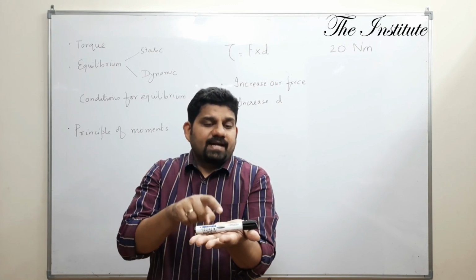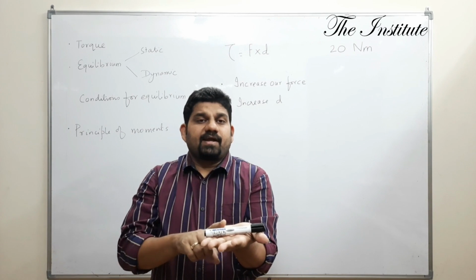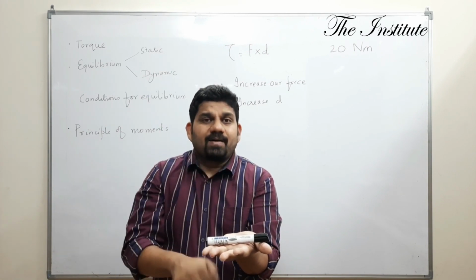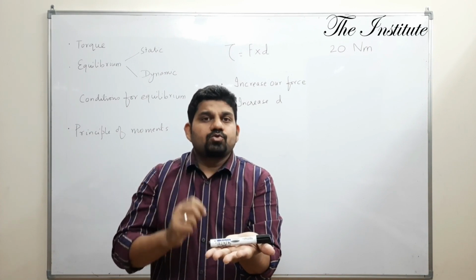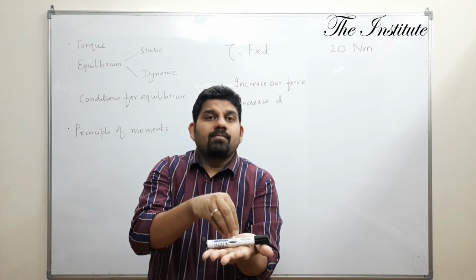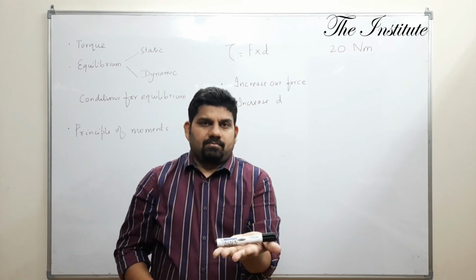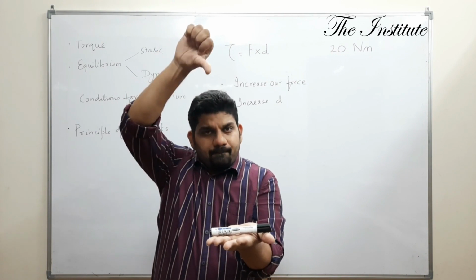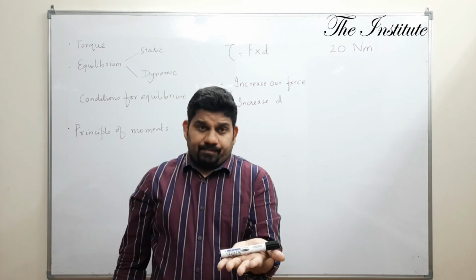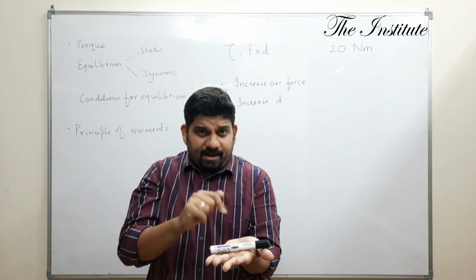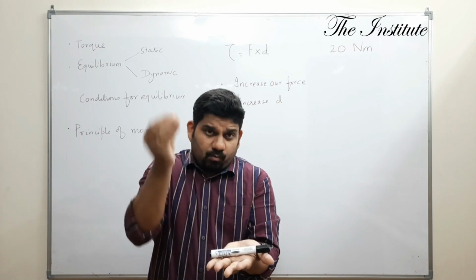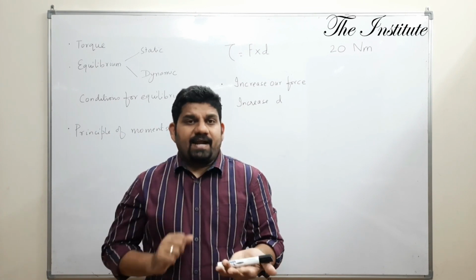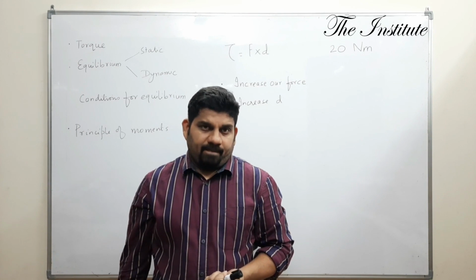And since I can see that it is not going downwards, that means there has to be some other force in the vertically upward direction which is balancing its weight, and it has to be nothing but the normal reaction from the table, or in this case from my hand. So the normal reaction is balancing the weight. A number of forces are acting on this body, and this object was at rest and still is at rest. So this is static equilibrium. Fine.